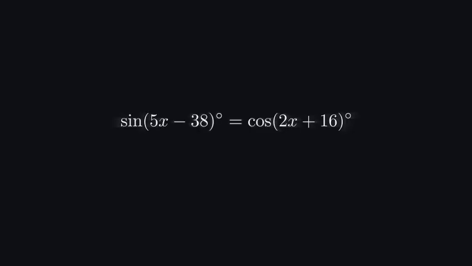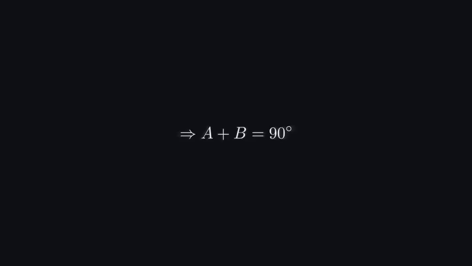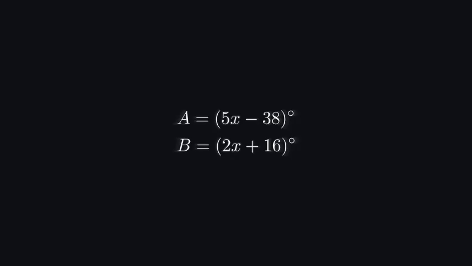Alternatively, sine of (5x minus 38) degrees equals cosine of (2x plus 16) degrees. Sine of A equals cosine of B implies A plus B equals 90 degrees. A equals 5x minus 38 and B equals 2x plus 16.